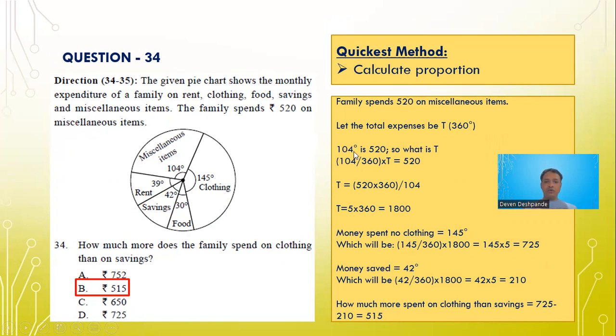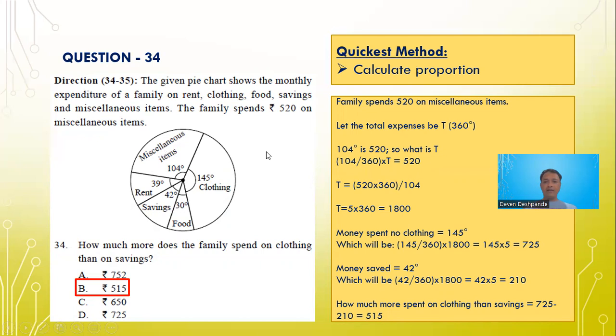So 104 degrees corresponds to 520. So what is the total expenses? The total is 104 upon 360 of the total is 520.